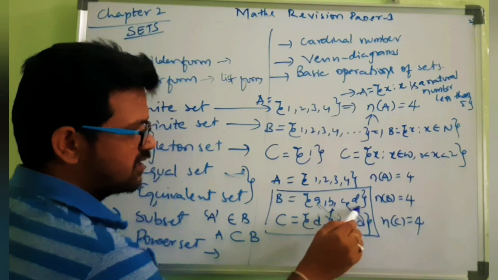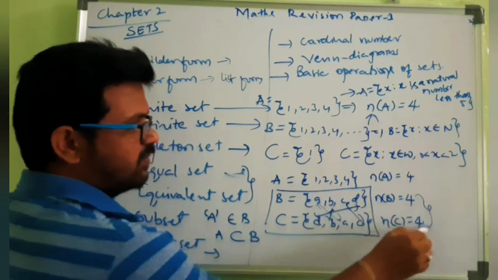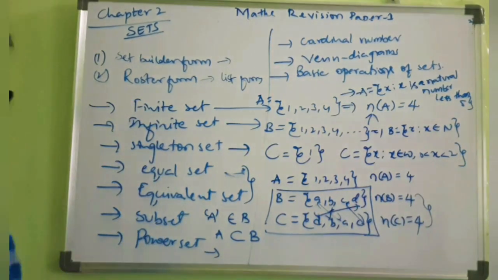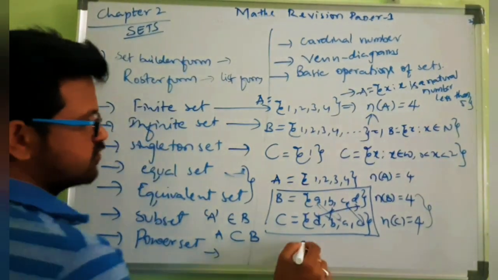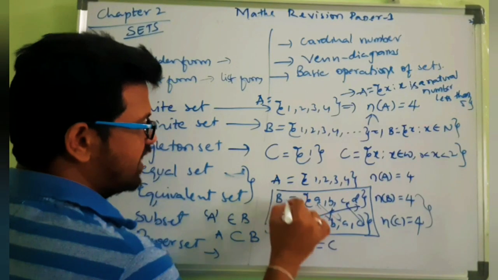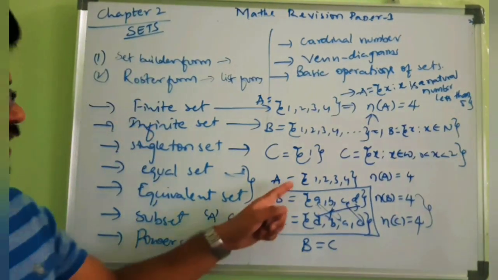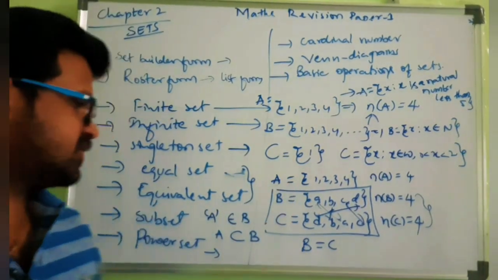Number of elements must be the same and those elements also must be the same. So B is equal to C. B and C are equal sets. A, B and C are equivalent sets.